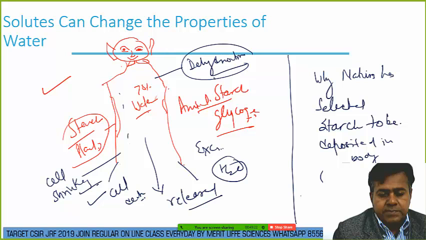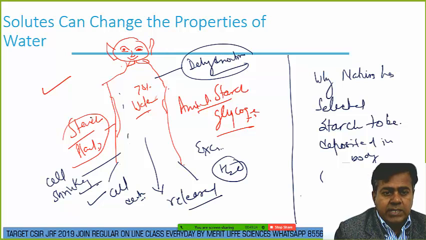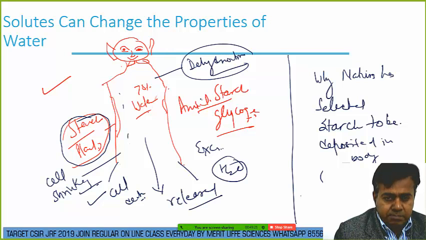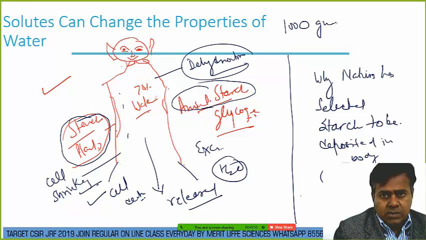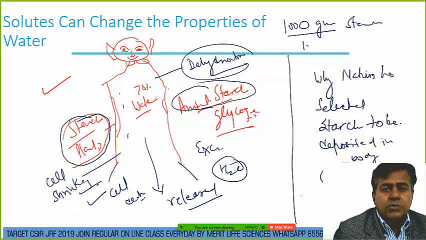Via this deposition of glycogen, a lot of depositing over the animal starch, because 1000 gram starch is equivalent to 10 mg of glucose.